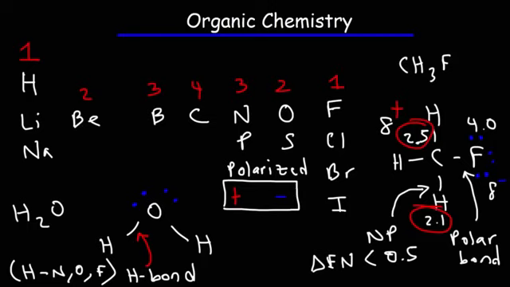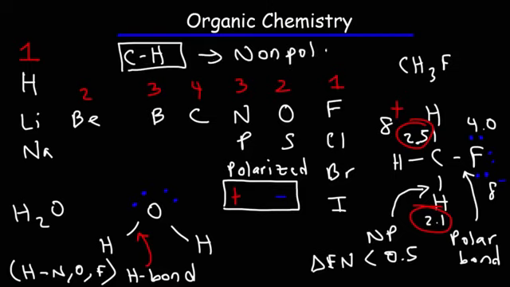So understand this, anytime you see a hydrocarbon or a bond that contains carbon and hydrogen, those bonds are nonpolar bonds. Because sometimes you need to determine if a molecule is polar or nonpolar. So, for instance, methane, CH4, that's a nonpolar molecule because it only contains carbon and hydrogen.